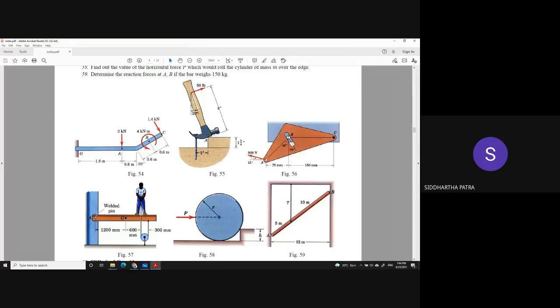So look at this. This rod has to be in equilibrium, and you are being asked to find out. The bar weighs 150 kg, and it's a uniform bar, so you know where the center of mass should be, and that's where the weight is acting.